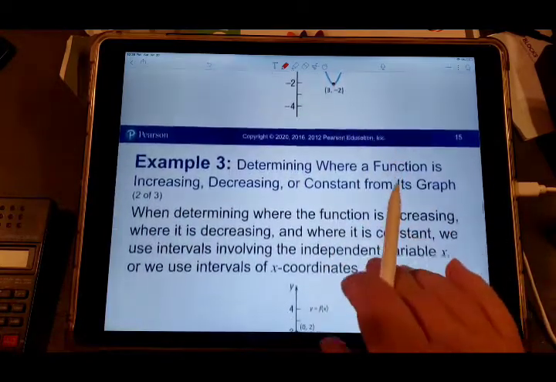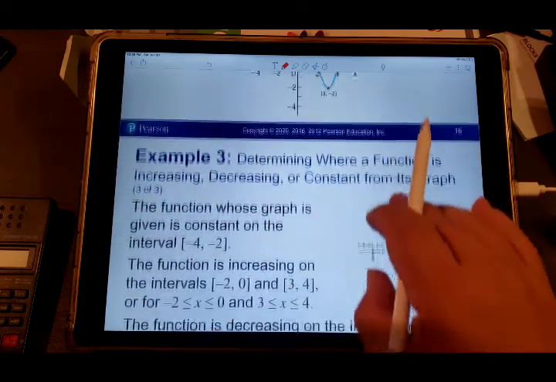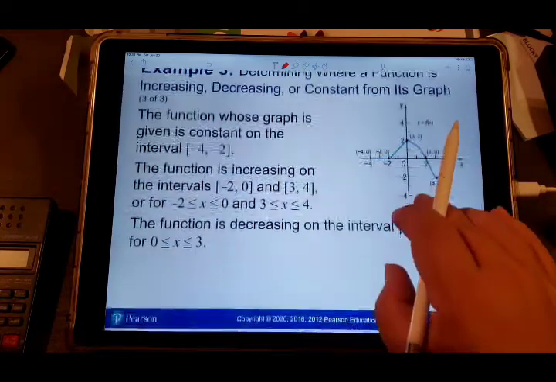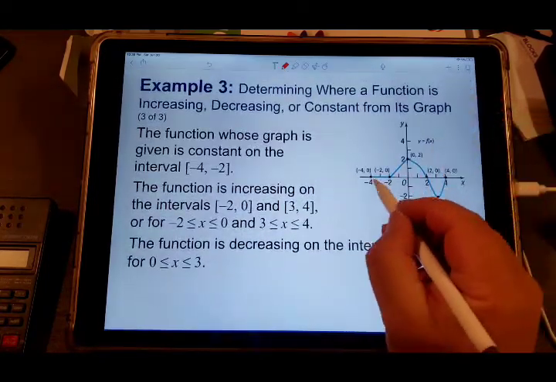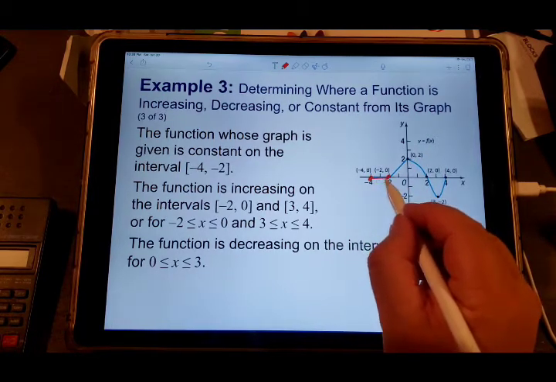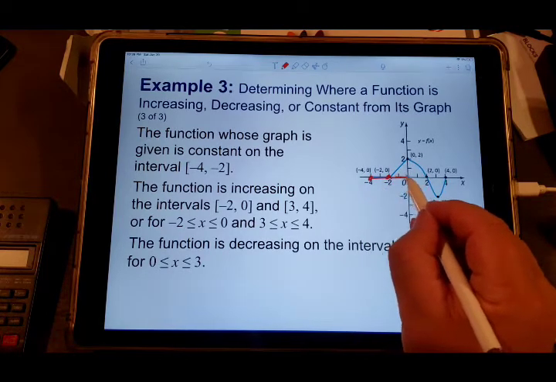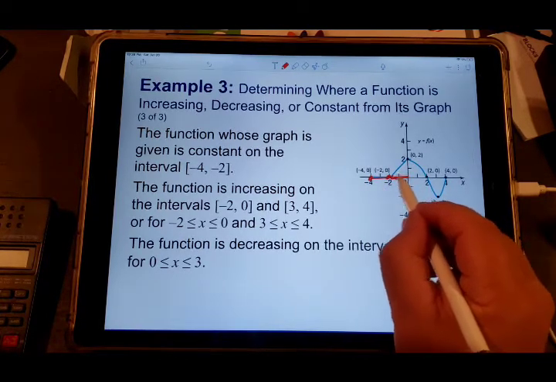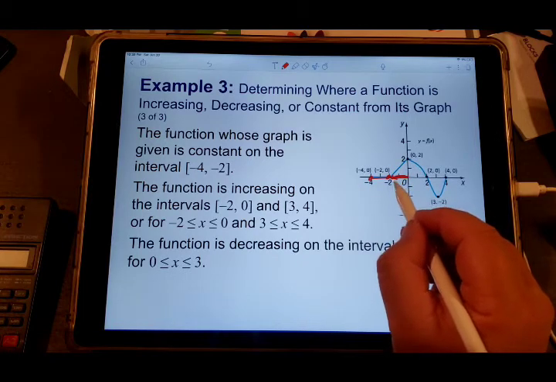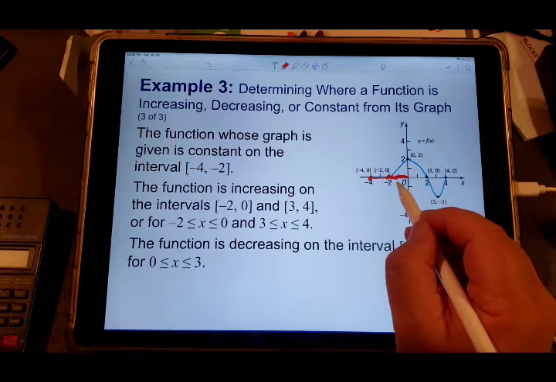And they're going to talk about each of those intervals, one slice at a time. So this interval on the x-axis, it's literally on the x-axis, but it's constant there. This interval here, and the reason why I'm painting the x-axis is that's how we describe where it is increasing.